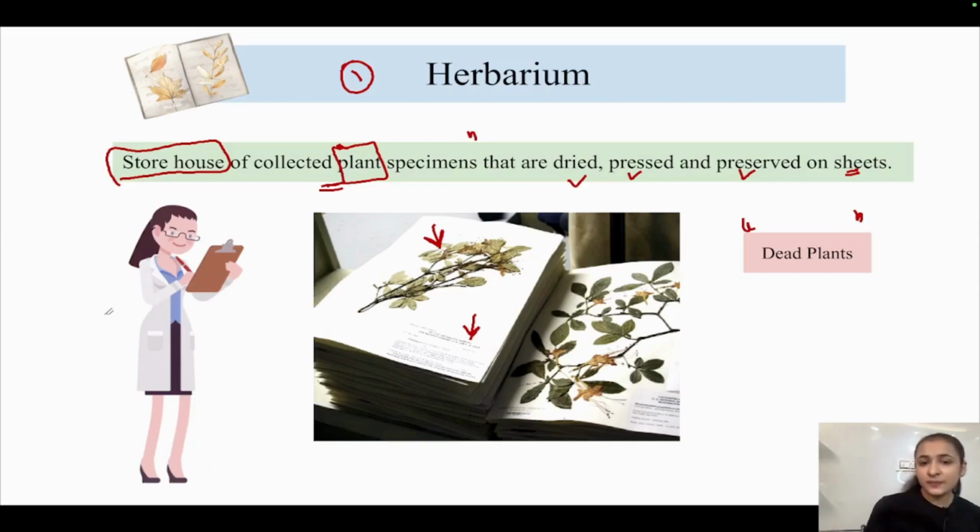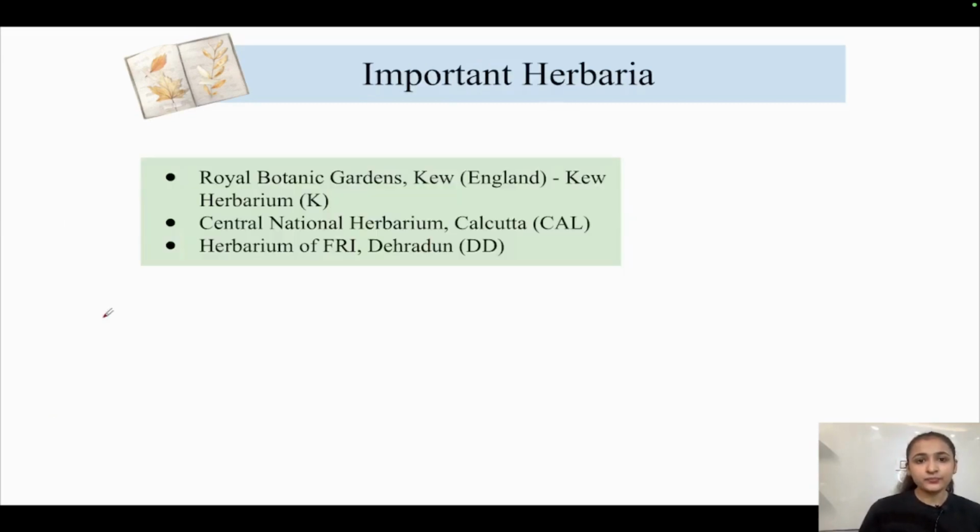So if she suspects that my plant belongs to the family Solanaceae, she would directly go to that family section, and then she would ultimately come to the lower levels, okay, kingdom, division, class, order, family. Then under this family she would refer to a genus, then she would identify the species. So this is how she would identify her plant and then classify it.